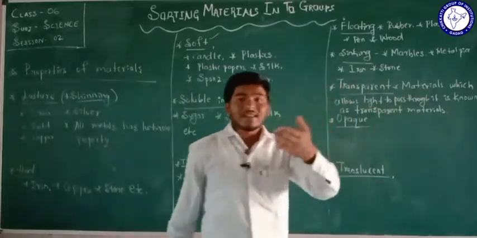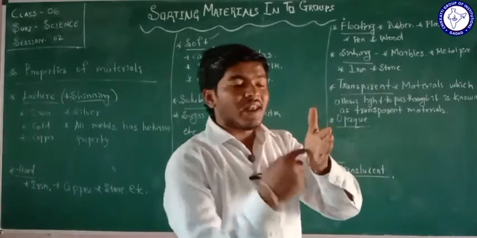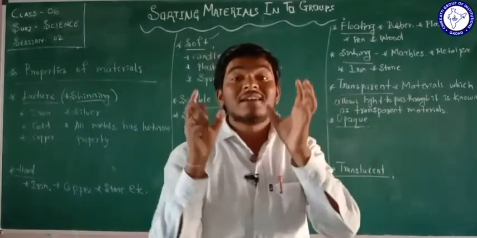So the materials which allow the light to pass through it are known as the transparent materials.